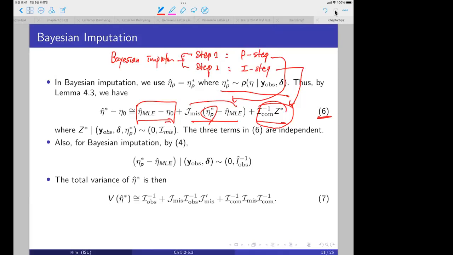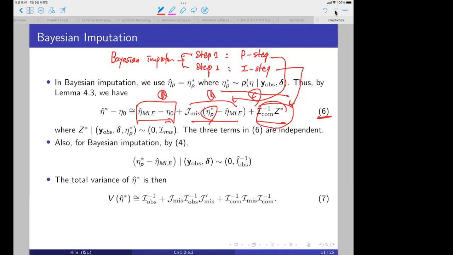So the three terms are independent, because, conditionally, let's use A, B, C first. A, B, C are all mean 0.